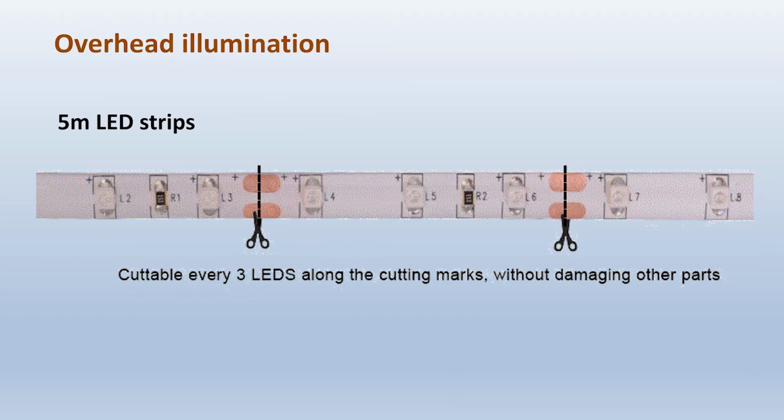And that means you can buy a 5-meter length. If you'll need 3 meters to illuminate a section of the layout, you can use the others inside buildings or whatever. There's an example of somebody using LED strips under the valance of the layout. It's a multi-level layout.